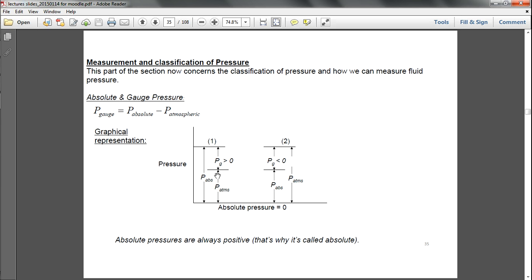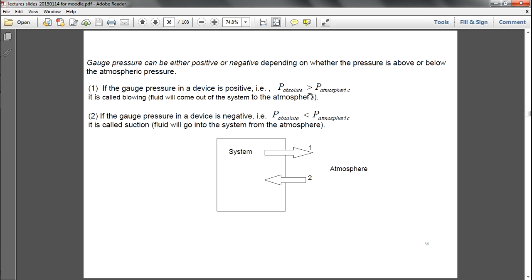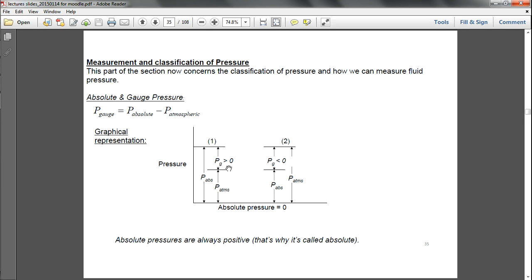From this graph, one keynote is that absolute and atmospheric are different. So what does this mean? If the gauge is larger than 0, we call it blowing. Because the gauge is larger than 0, your gauge plus atmospheric is higher than atmospheric pressure.